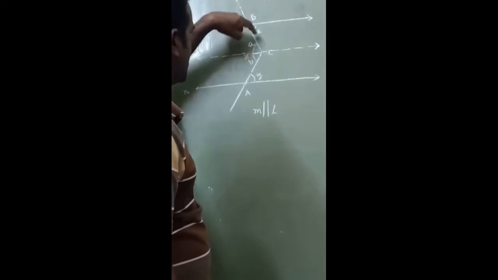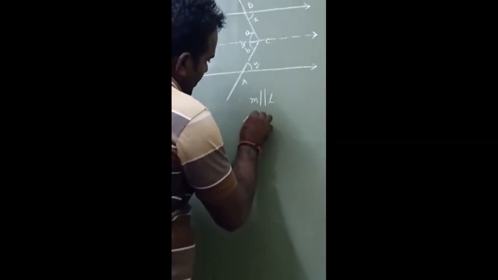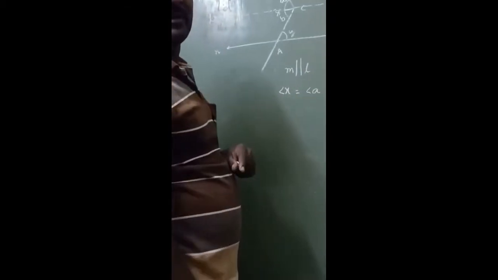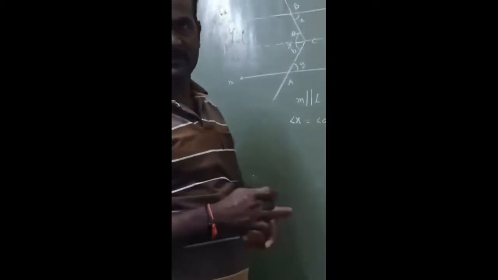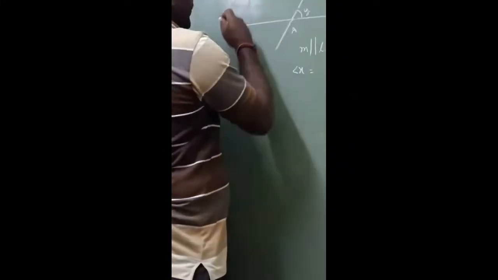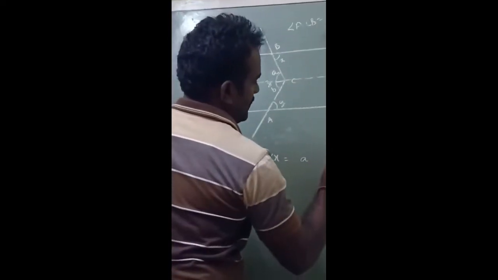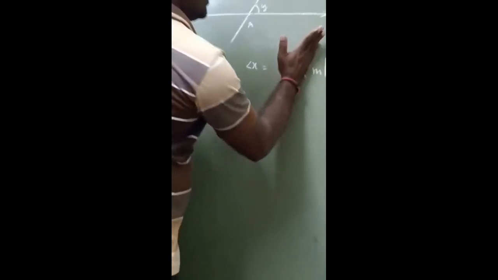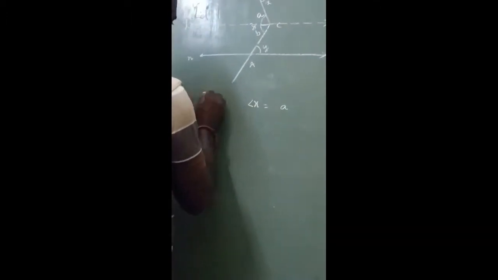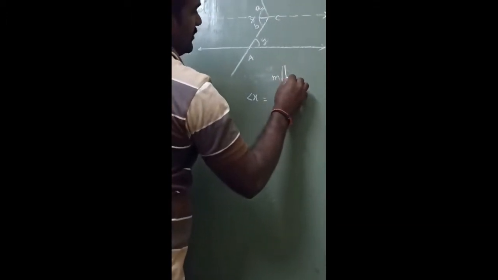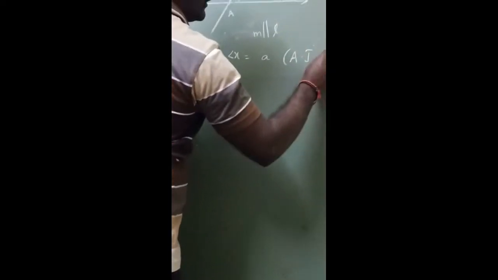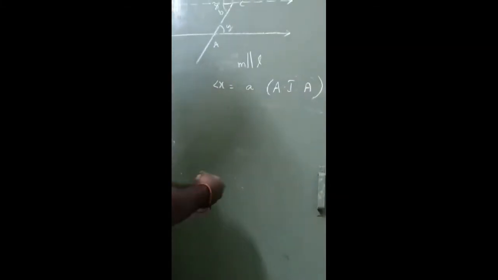So angle X is equal to angle A. Here M is parallel to L, alternate interior angles.